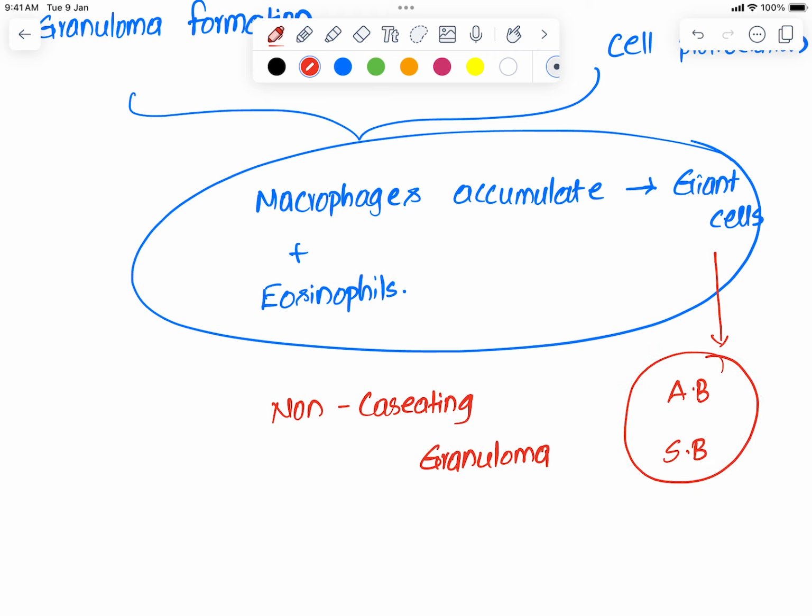Both of them are intracytoplasmic bodies, which are the characteristic features of the giant cells.